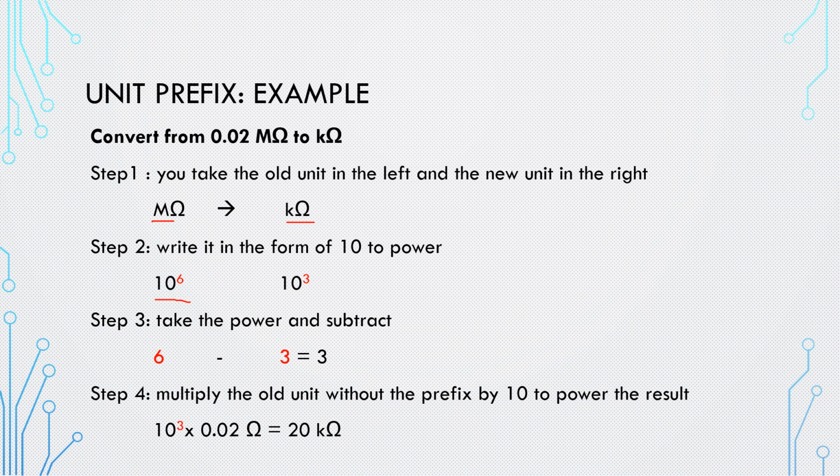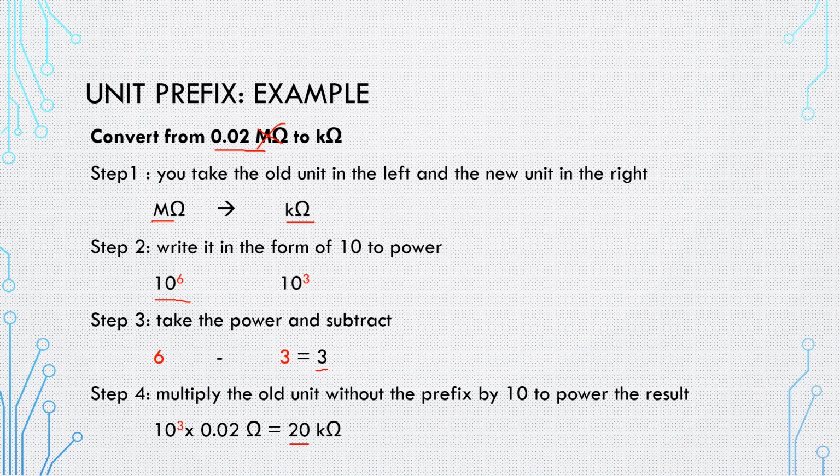After that, you just go back to your original question, to what you want to convert from, and just neglect this unit. So just take the number and multiply it by 10 to the power of the resultant from the difference, which is 10 to the power 3, and by multiplying that you're going to find the equivalent in kilo.